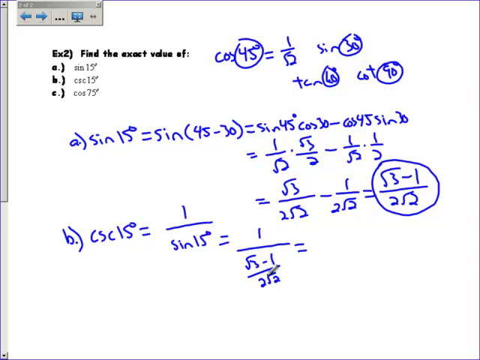And of course the reciprocal means we just flip it over and multiply, and that works out to be 2 radical 2 over the square root of 3 minus 1. So I didn't really have to plug into a formula.